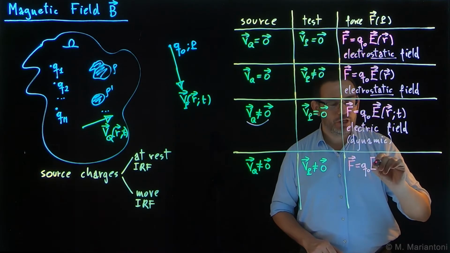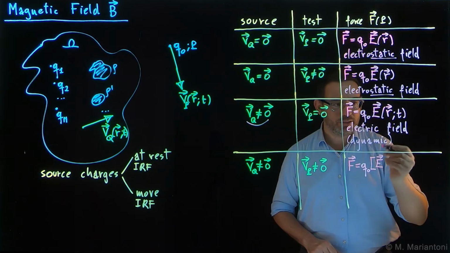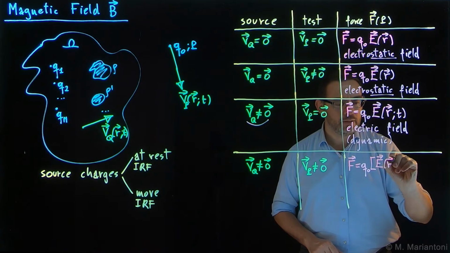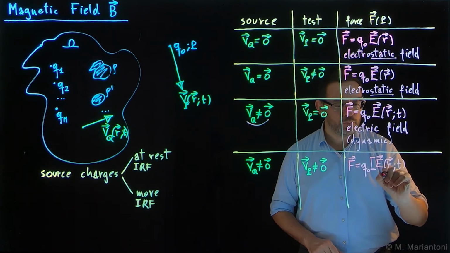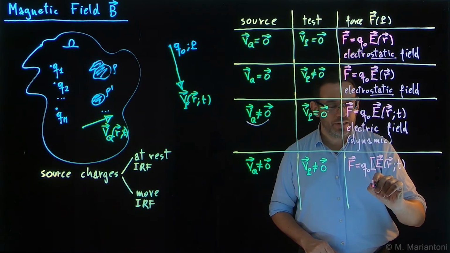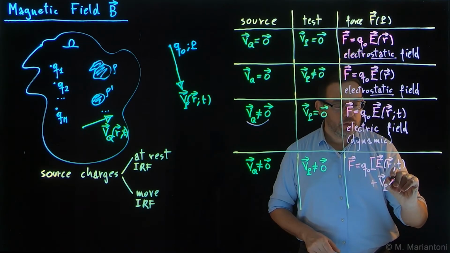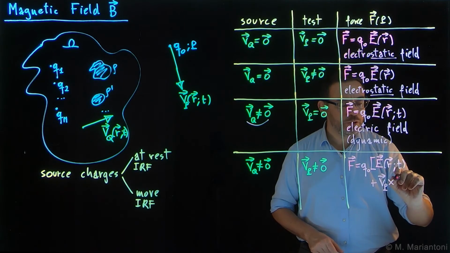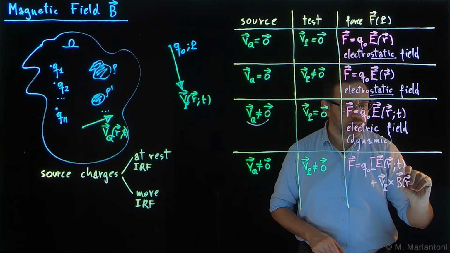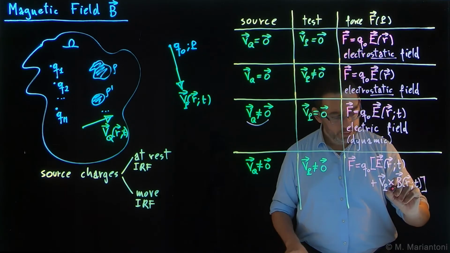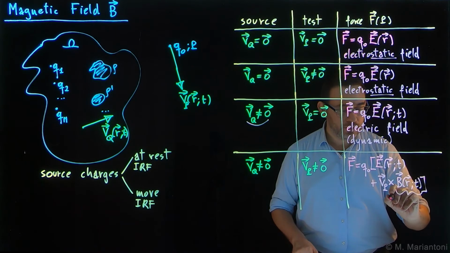The typical electric term, which is Q naught times E, but it's electric, not electrostatic, so it's a function of R, as well as T. But there is another term, plus the velocity V of what particles? The test particle, in this case Vp, cross vector product with a new quantity, B, which in general is also a function of R and T. And this quantity, we call it the magnetic field.